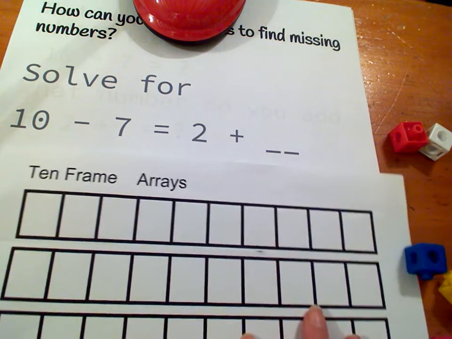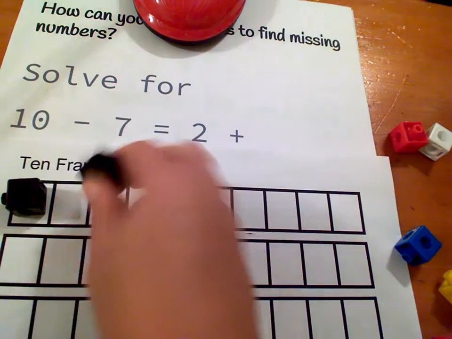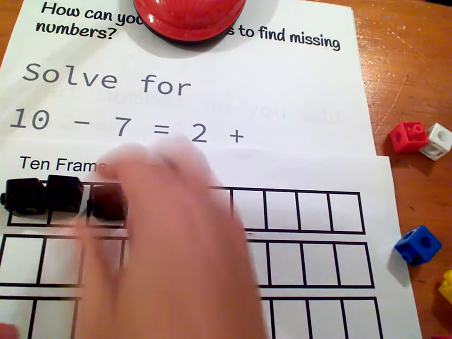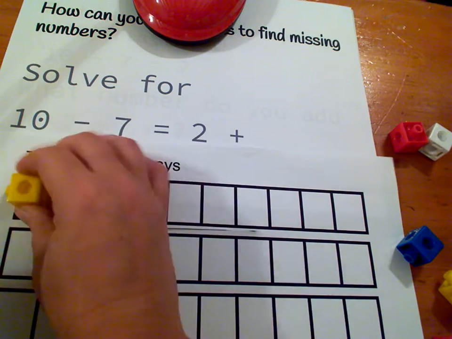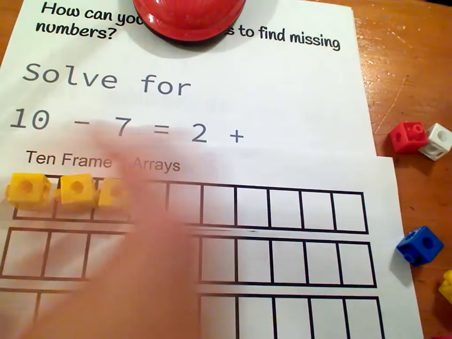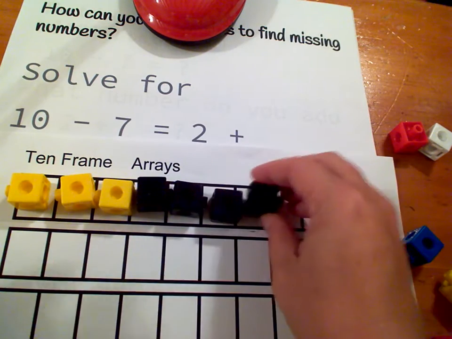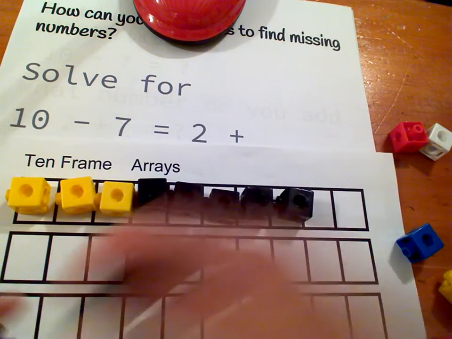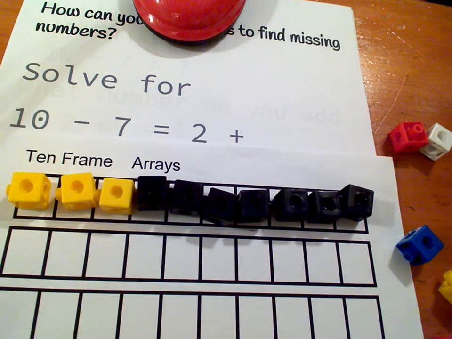So how much do we have first? We have 10. 1, 2, 3, 4, 5, 6, 7, 8, 9, 10, because I'm starting with that larger number first.